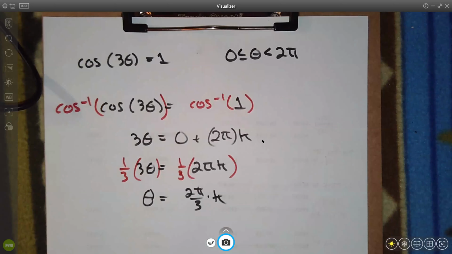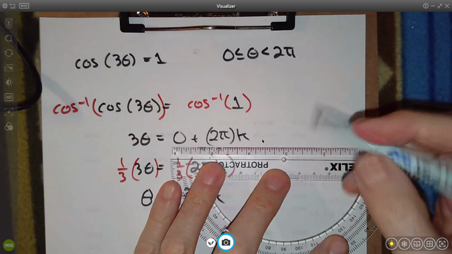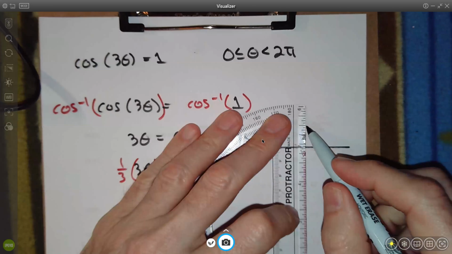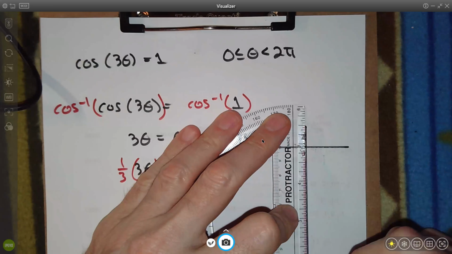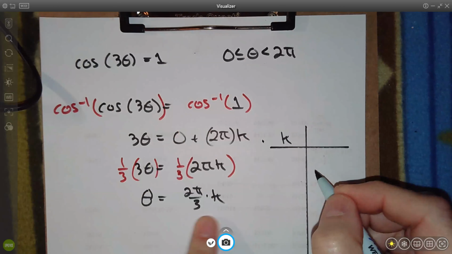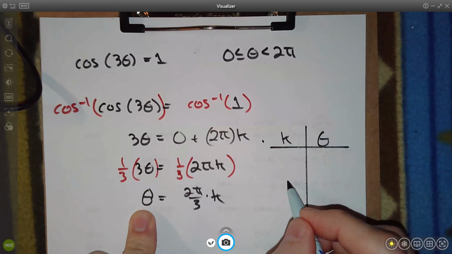Now, let's figure out the solutions that we're going to need. This is our solution in general, but we want a few particular solutions. So I'm going to plug in values of k and get out values of theta. Let's start with an easy one. Let's start with k equals 0.